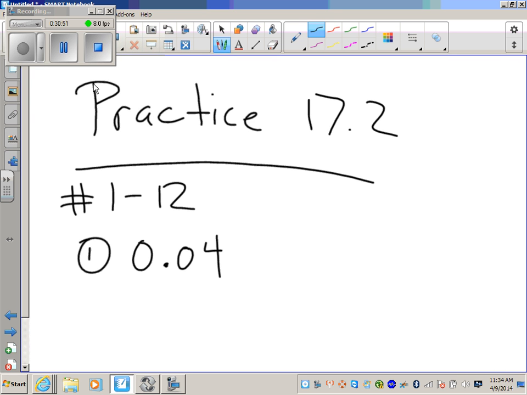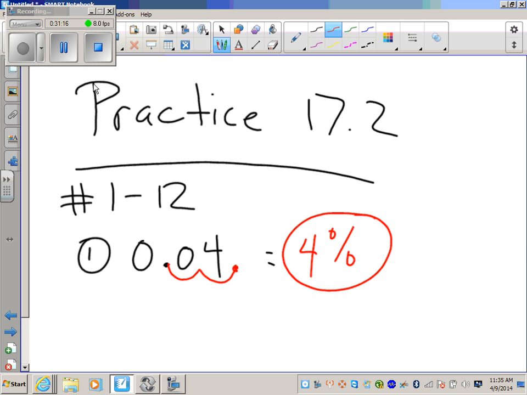Decimal to percent. So find that in your notes. To get a decimal to a percent, I have to do what? So there's my decimal. 2 places to the right. Makes this what percent? How do I know it's the percent? Because I put the sign there. Good. Number 1, 4%.